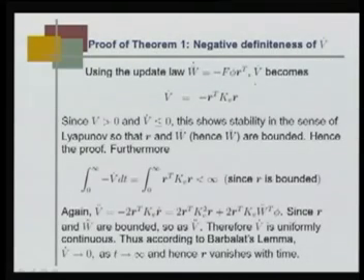The rate derivative of the Lyapunov function, according to our definition, V dot is minus R transpose KV R. Since V is greater than 0 and V dot is less than or equal to 0, this shows stability in the sense of Lyapunov, so that R and W tilde are bounded. Hence the proof.